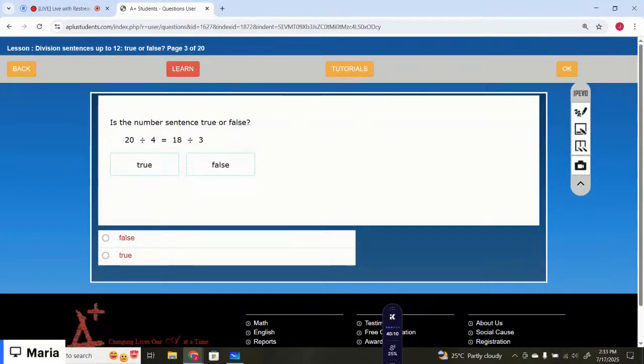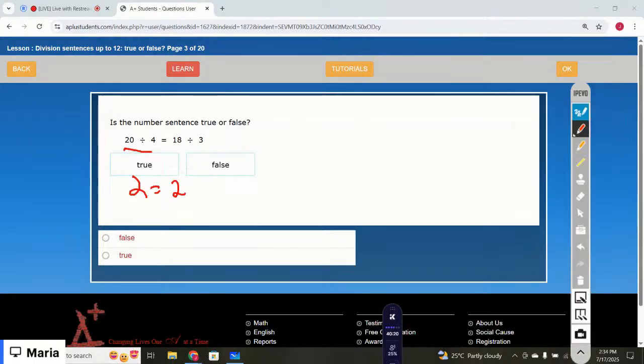Is the number sentence true or false? 20 divided by 4 equals 18 divided by 3. 4 times 5 is 20 and 3 times 6 is 18.